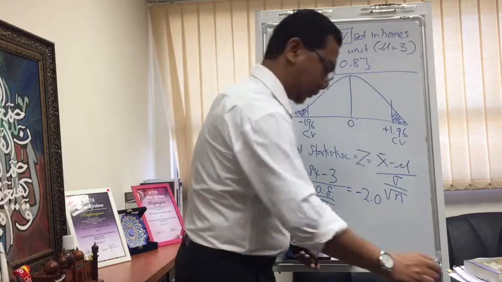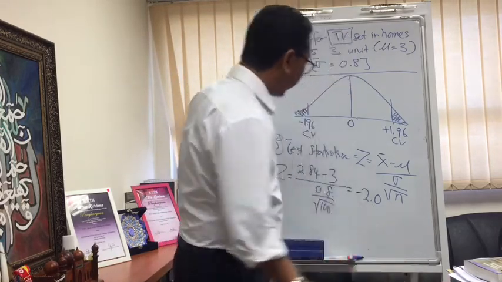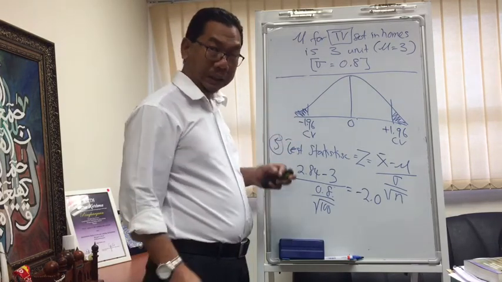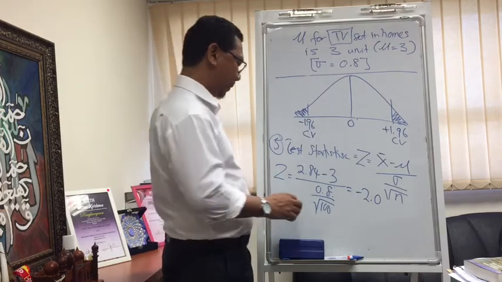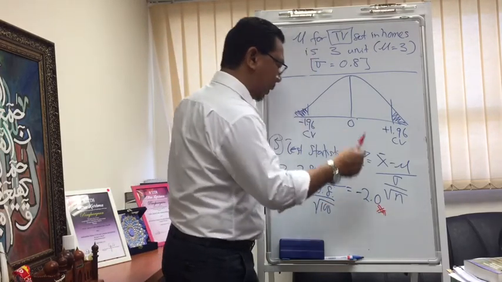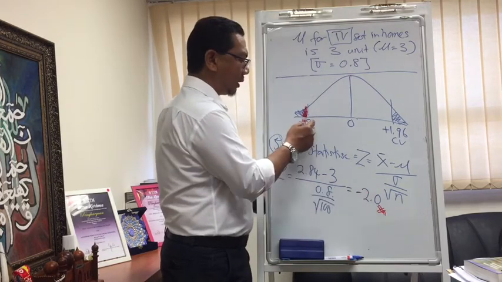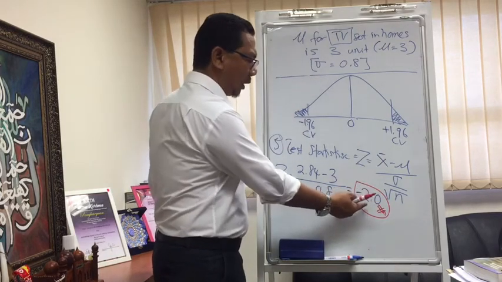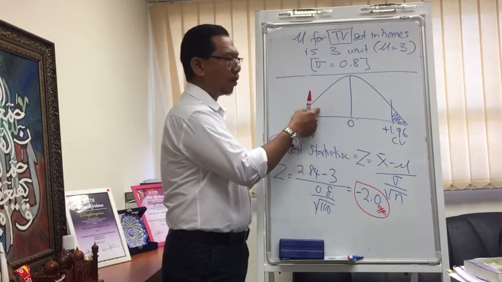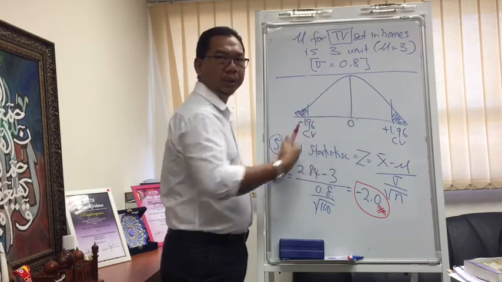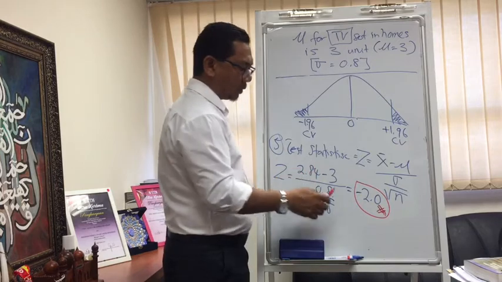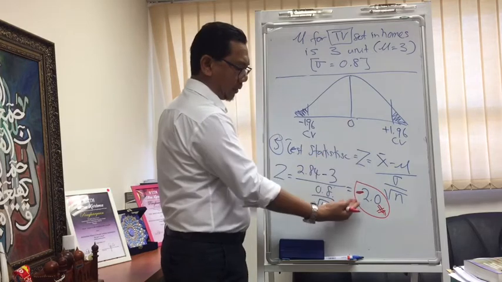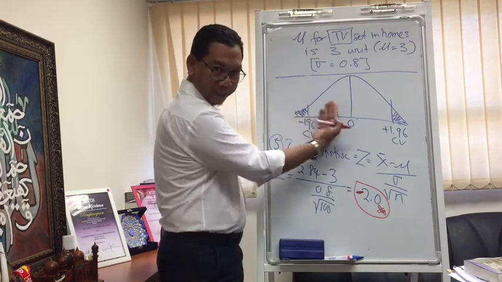Now, to decide whether the hypothesis can be accepted or not, we have to compare the test statistic with the critical value. We have to determine where this value falls in the normal distribution. First we look at the sign, negative, so we know it will be on our left side.